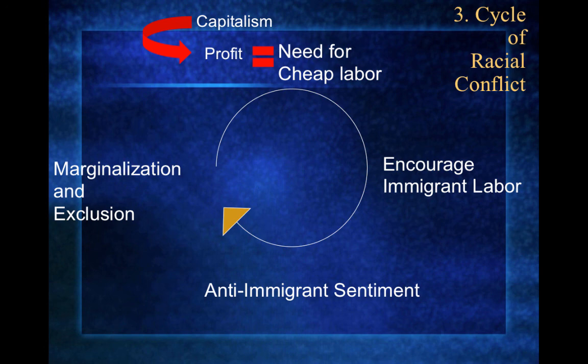Capitalists could pay lower wages, force immigrants to work longer hours, not give them benefits, or not allow them to form unions. This is what we call economic exploitation. Thus, it is in the interest of the capitalists to maintain a continuous source of immigrant labor.